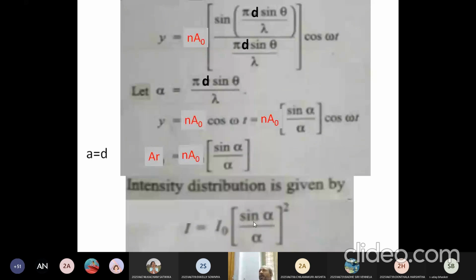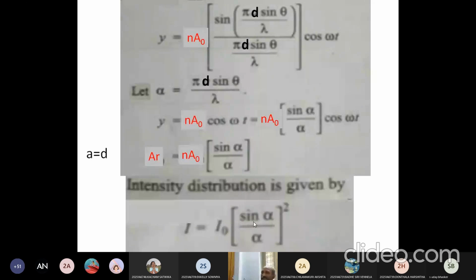The condition for maximas and minimas is f dash is equal to 0. When f dash is equal to 0, you get a condition for maxima and minima. Whether it is maxima or minima, you will come to know only when you go for f double dash.